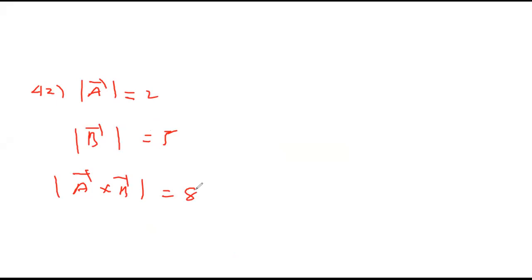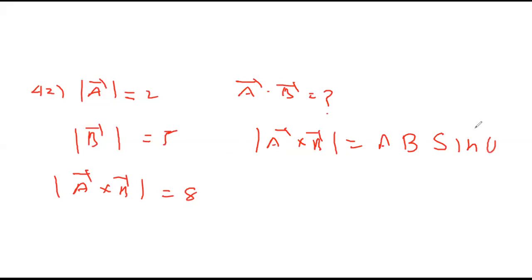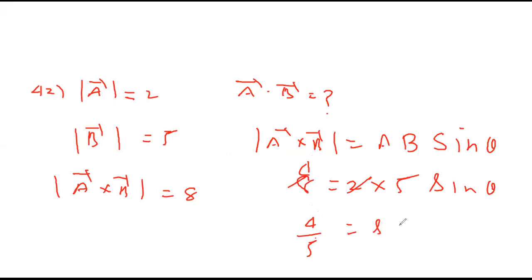Angle between A and B is acute. Then find what is A bar dot B bar. A bar cross B bar has magnitude AB sine theta. 8 equals 2 into 5 sine theta. 2 into 4, 8. So 4 upon 5 is sine theta.